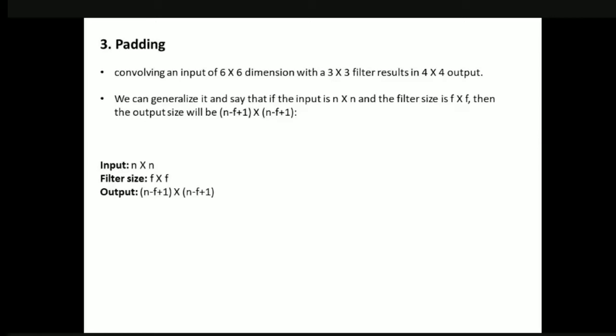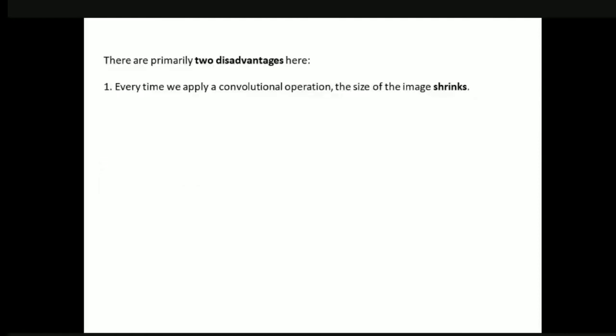What is the meaning of this? When we are giving an input image of 6x6 dimension, we are getting an output image of 4x4 dimension. It means the size of the image is shrinking. That is, we do not maintain the original size of the image, right? So this is one important disadvantage when we are applying the convolution operation.